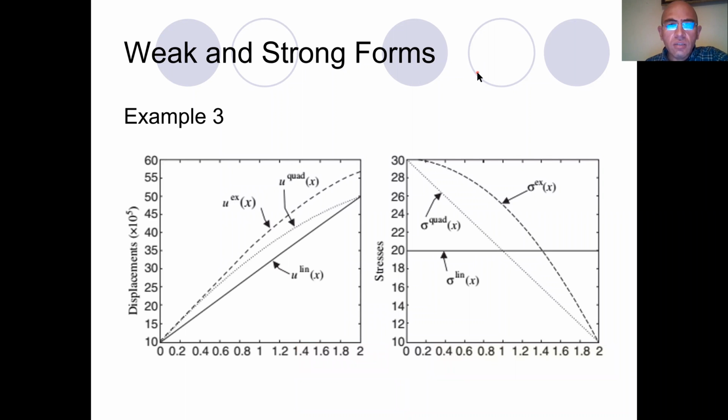Certainly the approximation makes some error. Now let's look at the error in displacement. Remember that our domain varies from 0 to 2, and this is our exact solution. When I use a linear trial function, my approximated displacement is this one.